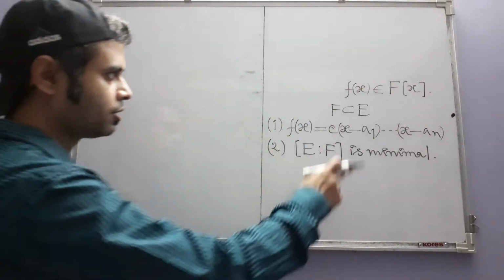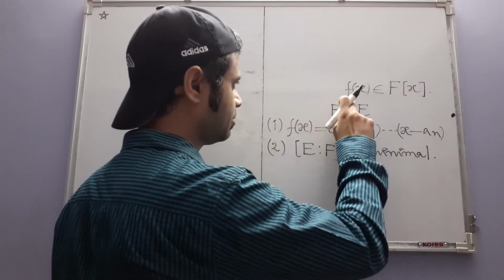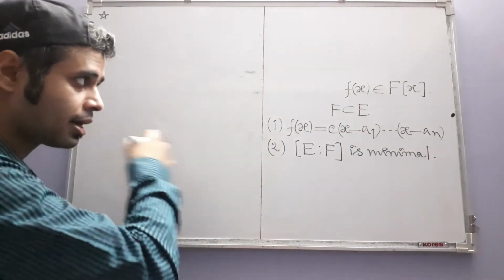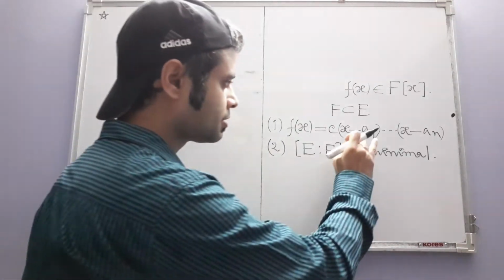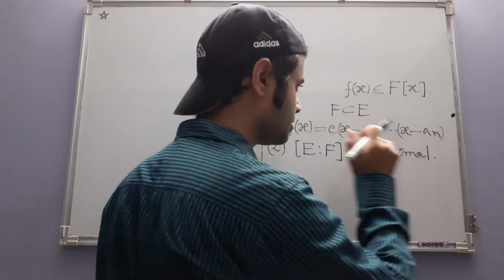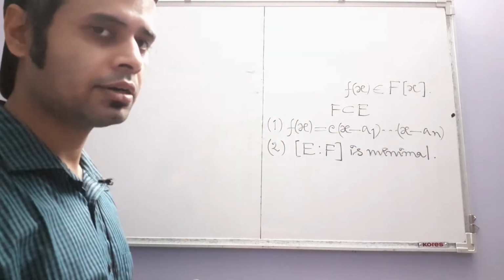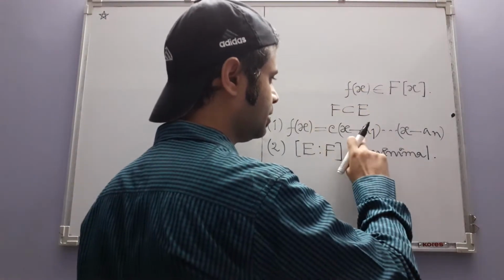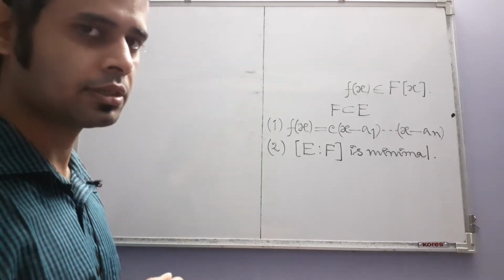Now, given a polynomial, if you cannot factorize the polynomial over the original field, you then try to enlarge the field by adding more stuff. So these things, these a_i's, if they are not originally in the field F, you then create an extension of F in which these things are there, so that a complete factorization is possible.